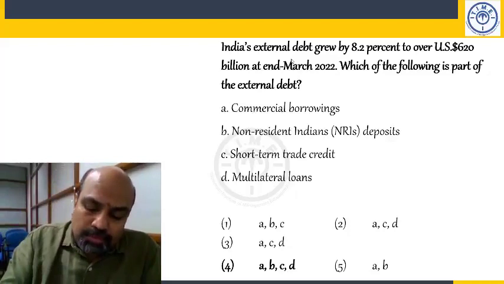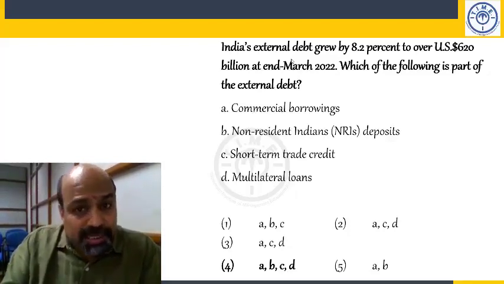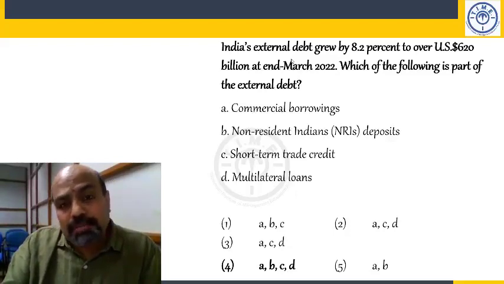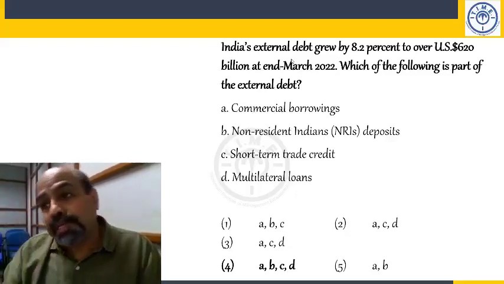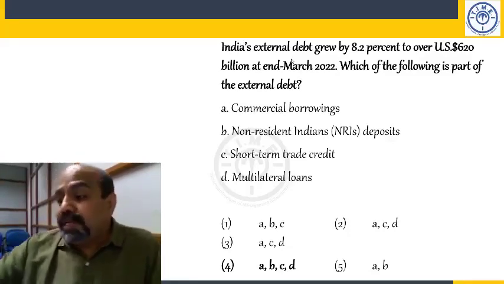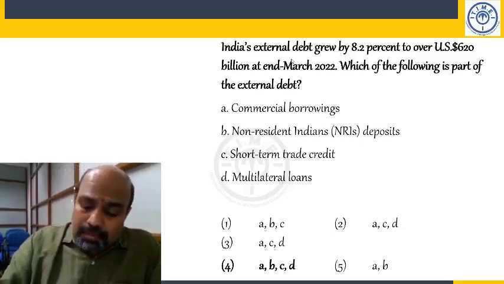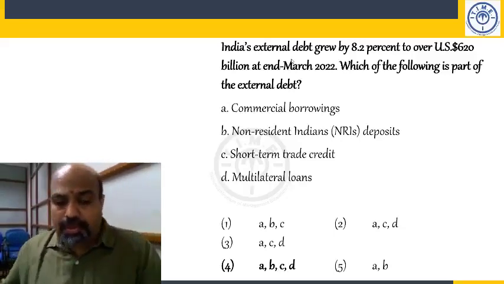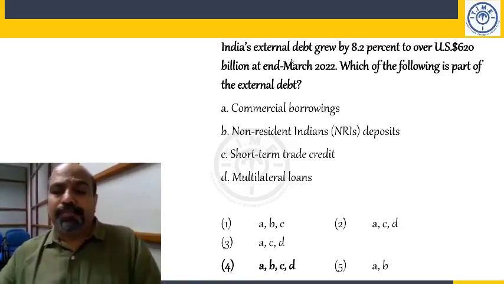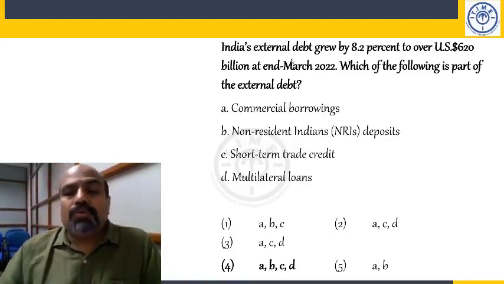So that's one. Two, short-term debt. What's short-term debt? You could write in brackets, of less than 1 year maturity, 18.6%.